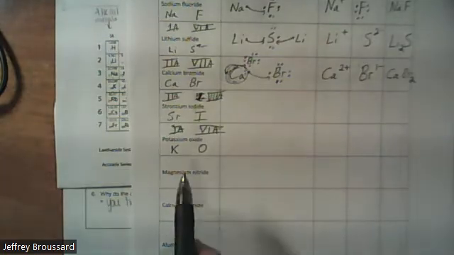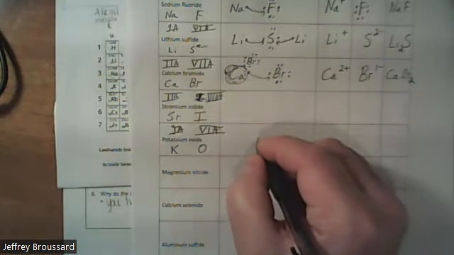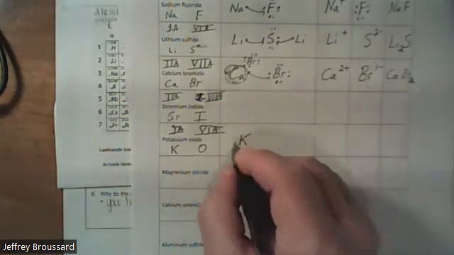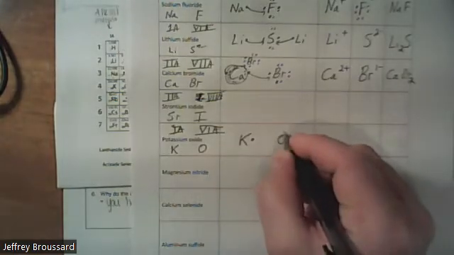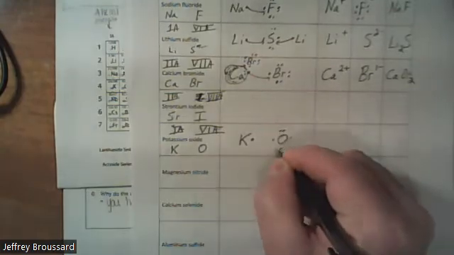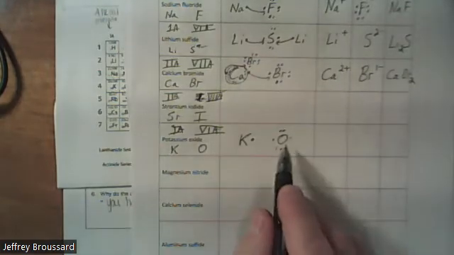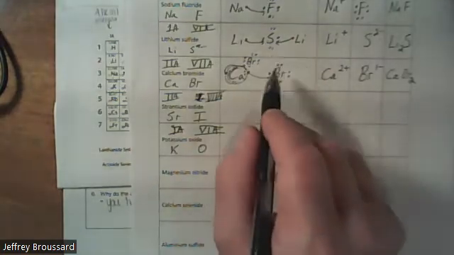I don't think so. This one's very similar. I'll set it up for you. Potassium is in group 1A, so 1 valence electron. Oxygen, 6A, 1, 2, 3, 4, 5, 6. I will tell you, you're going to need to double one of these, similar to how we did in these last 2 problems.